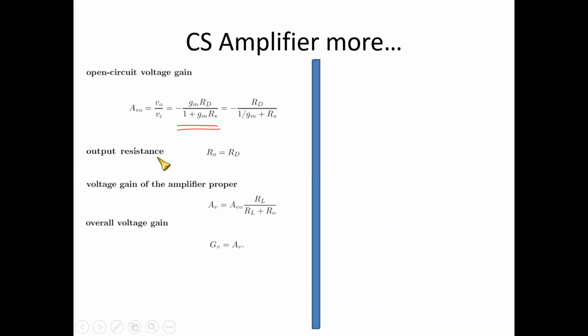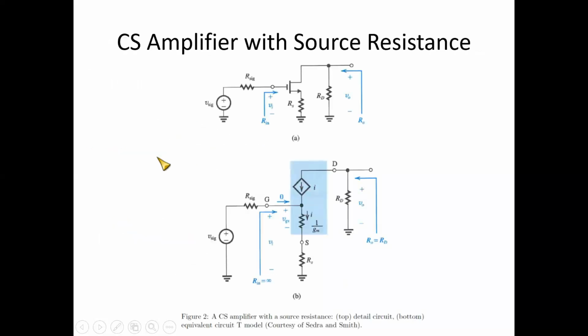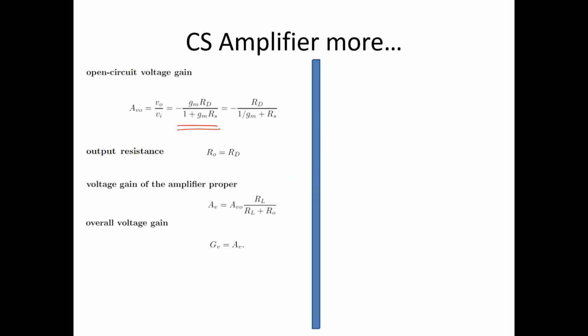Output resistance, naturally in the earlier circuit over here, looking from here, the output resistance will be Rd itself. The voltage gain of the amplifier proper, which is known as AV, will be, as I already said, that Rd has to be replaced by Rd in parallel with RL, because RL also will be coming into picture in what we call the voltage gain of the amplifier proper, which is known as AV.